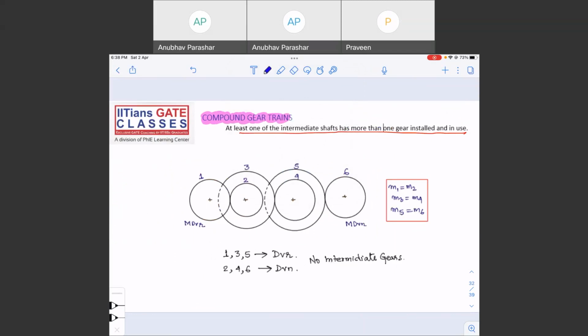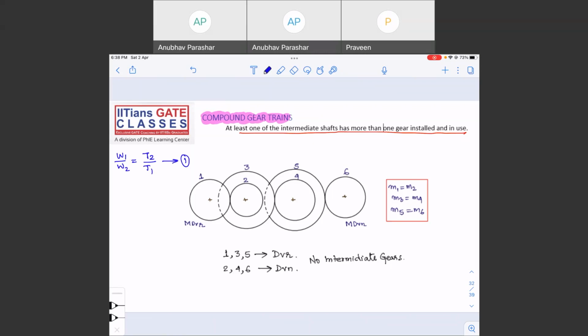If I want to write omega 1 by omega 2, can I say this is equal to T2 by T1? This will become equation number 1. Omega 1 by omega 2 is equal to T2 by T1.